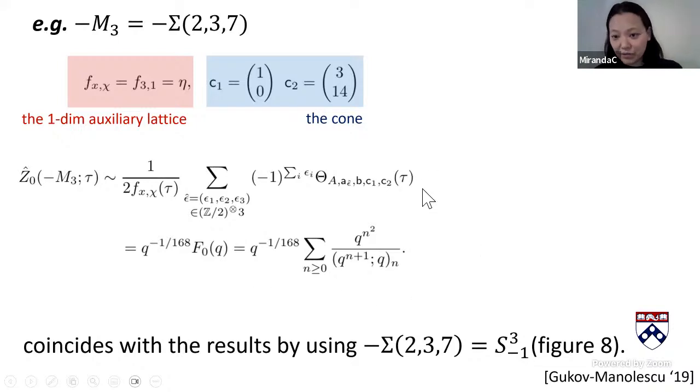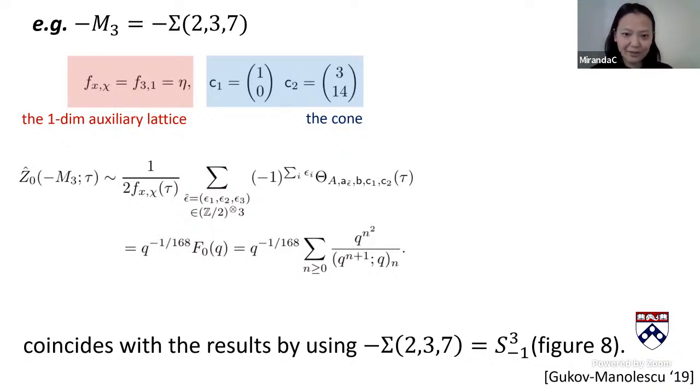It gives you a mock modular form, which is provably equal to Ramanujan's mock theta function of order 7. So this is the way we get a result that's the same as what we expected.